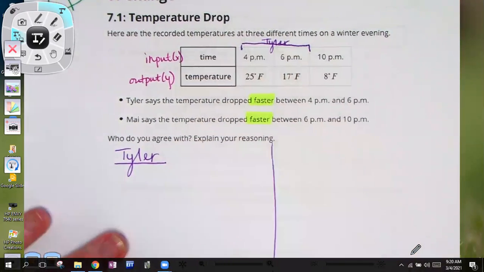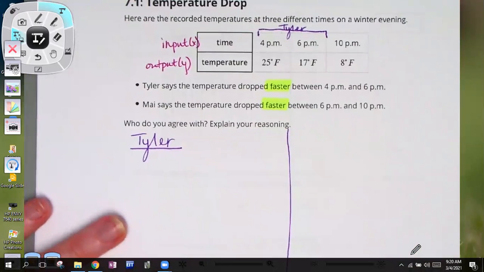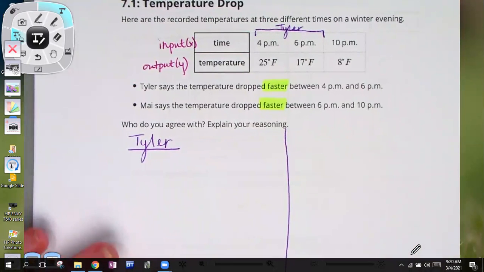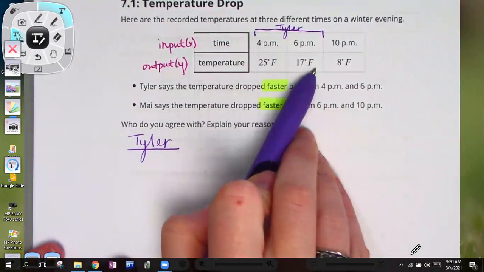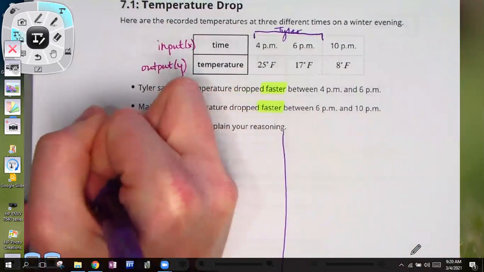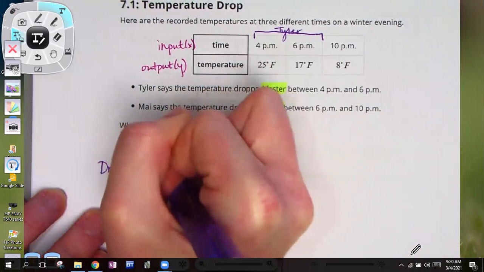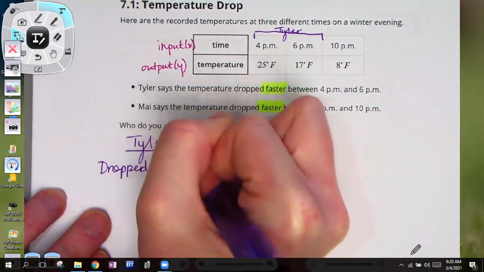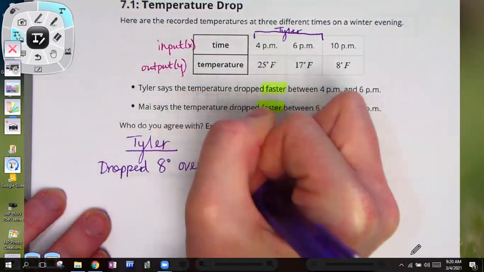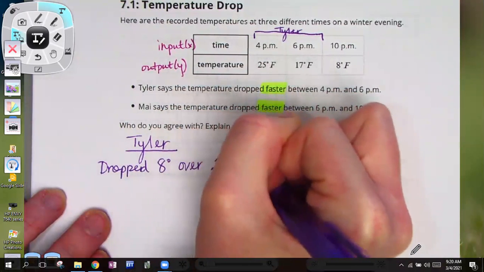Okay, so Tyler's dropped from 25 degrees to 17 degrees. So that's a total of 8 degrees. So Tyler's dropped 8 degrees over 2 hours.